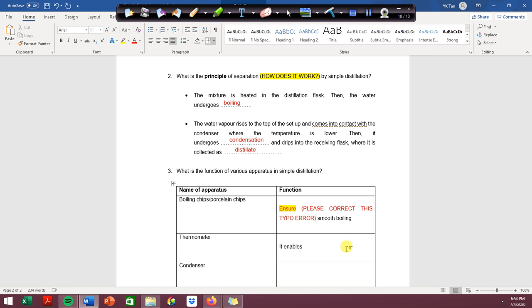So when it enables us to measure the temperature of the vapor, you can determine the identity of the vapor. So for example, if the temperature of the vapor that you measure is 100 degrees Celsius, then you can be quite sure that it is water that you are collecting as distillate.